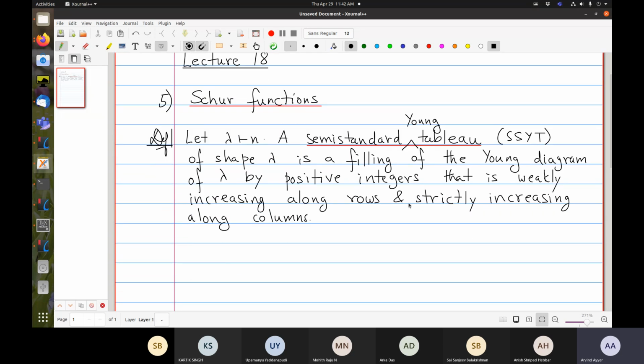Notice that we are not restricting the maximum size of the positive integer. So if T is an SSYT of shape lambda, we write sh of T, okay, so it's the underlying partition.